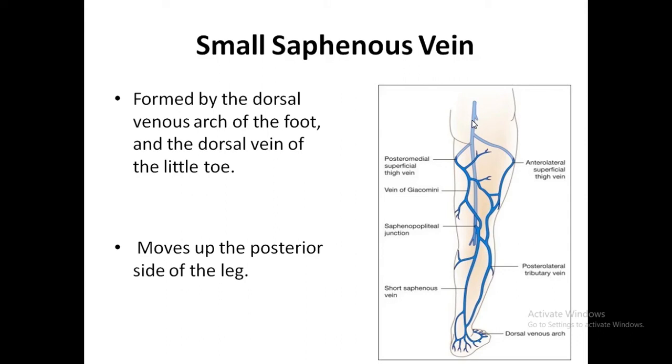Then we'll come to the other vein, that is the small saphenous vein. The small saphenous vein is formed by the dorsal venous arch of the foot and the dorsal vein of the little toe, whereas the great saphenous vein is formed by the dorsal venous arch of the foot and the dorsal vein of the big toe.